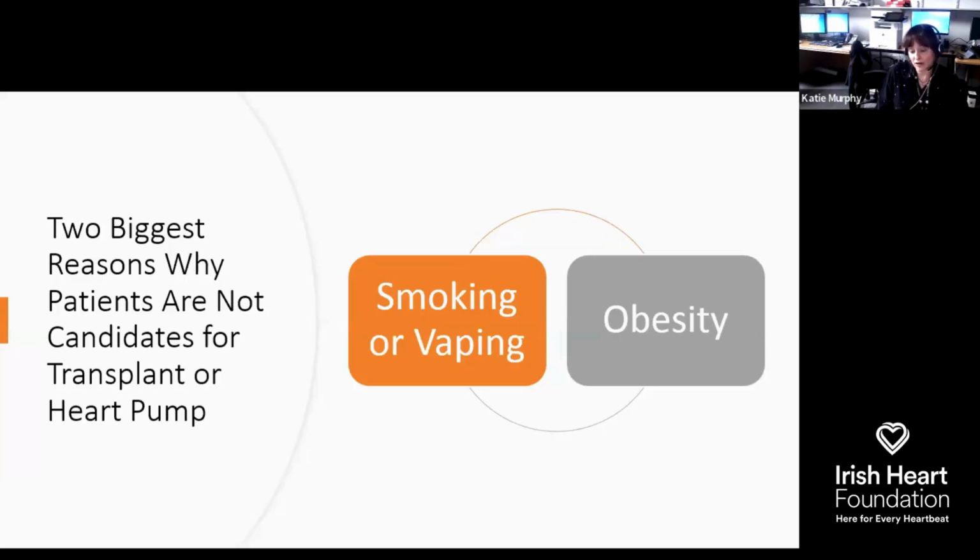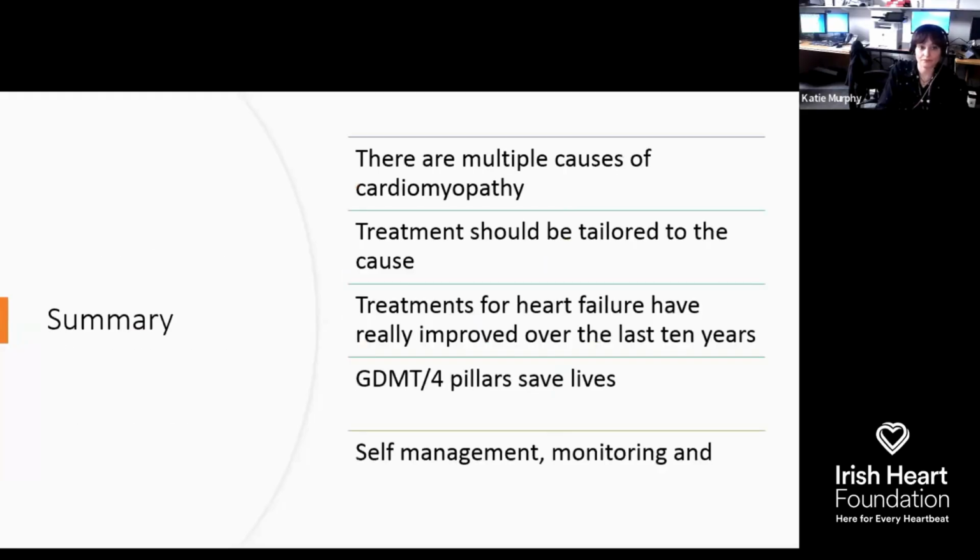And so for transplant, the BMI cutoff is 30, and then it is a little bit more relaxed for LVAD, but in general, it still needs to be taken into account. And so as you probably know, there are treatments available for obesity now that have made it a much more manageable disease. And so if you are still smoking, and you have significantly reduced heart function and you're wondering whether these things might be an option for you in the future, really do try your best to stop.